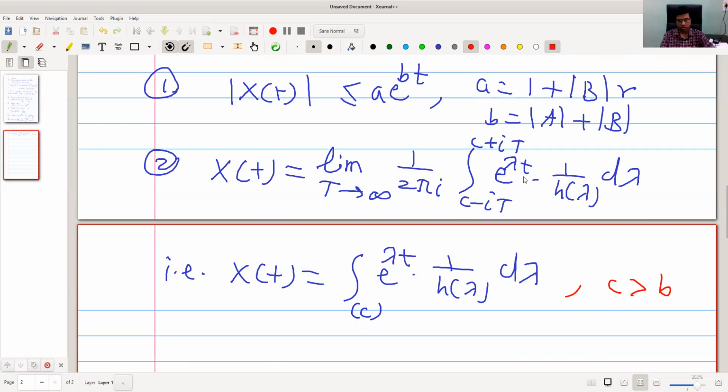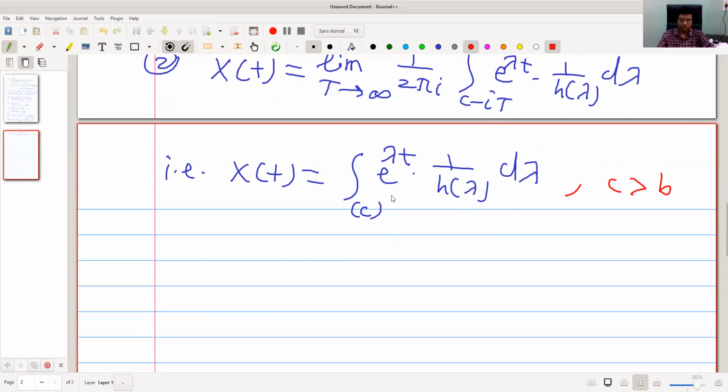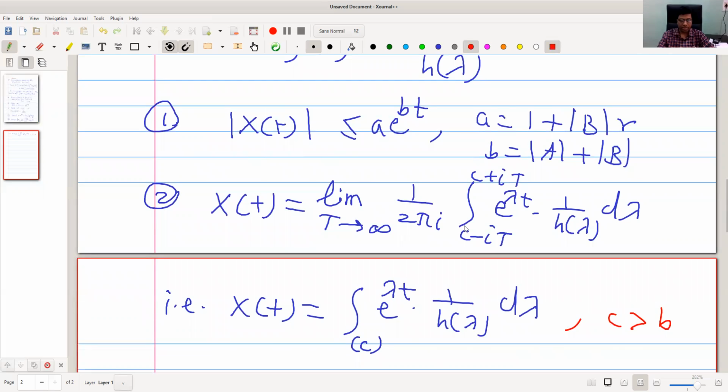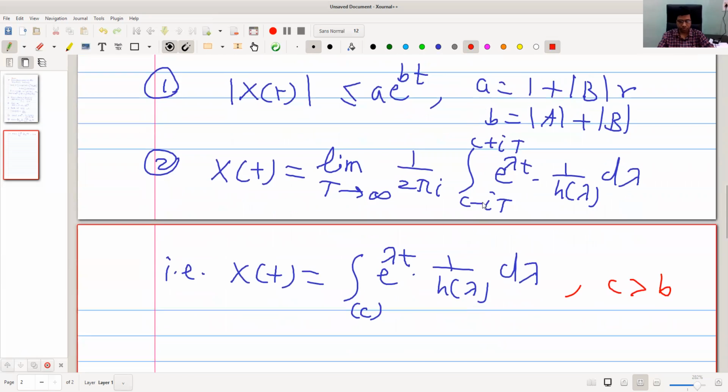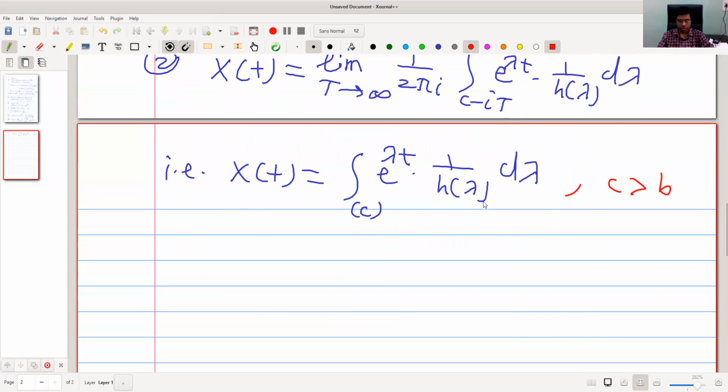now our aim is to prove these two things in terms of characteristic roots. Okay, so characteristic roots means roots of h of lambda equal to 0. Okay, we have already seen that the real part of the characteristic roots plays an important role in deciding the stability of the solution.